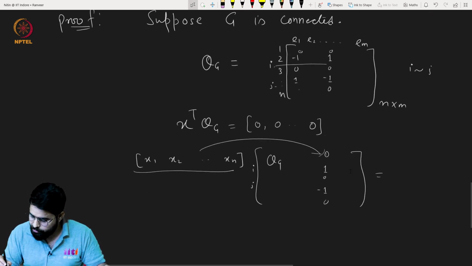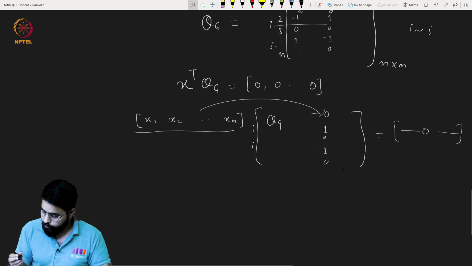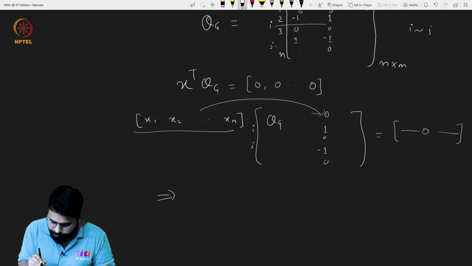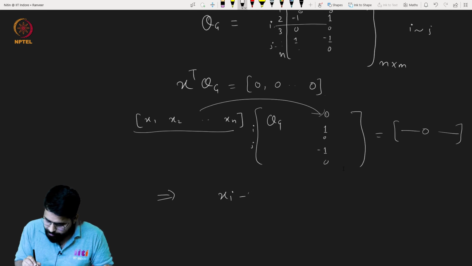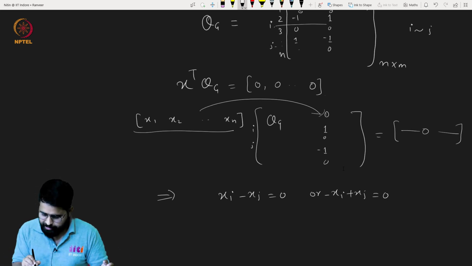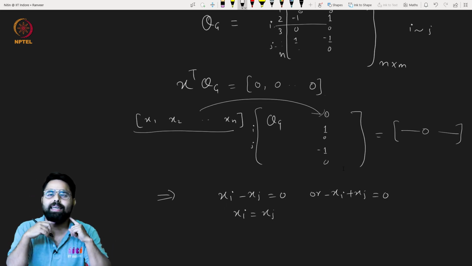This is giving you zeros, all zeros basically. So this equation gives you, whenever there is an edge between i and j, xi minus xj equal to 0 or minus xi plus xj equal to 0. In both cases this implies xi equal to xj. Now what next?